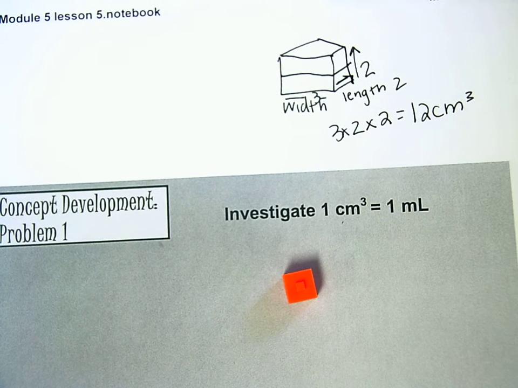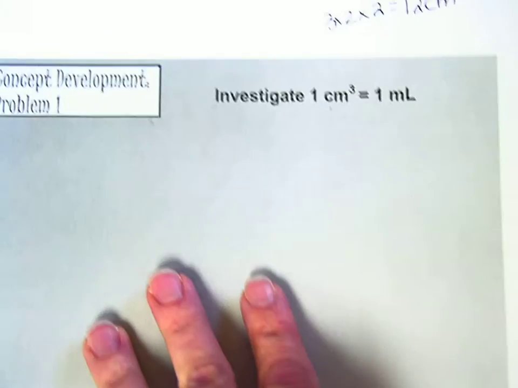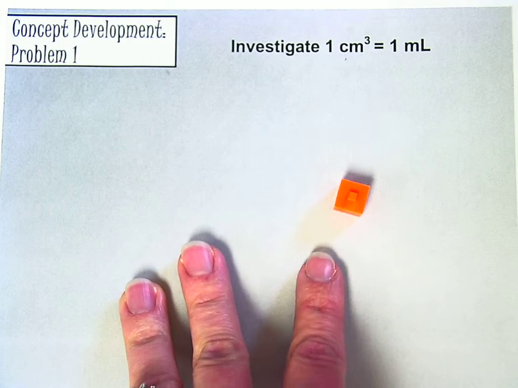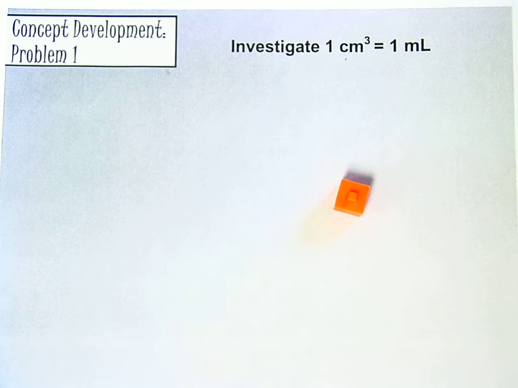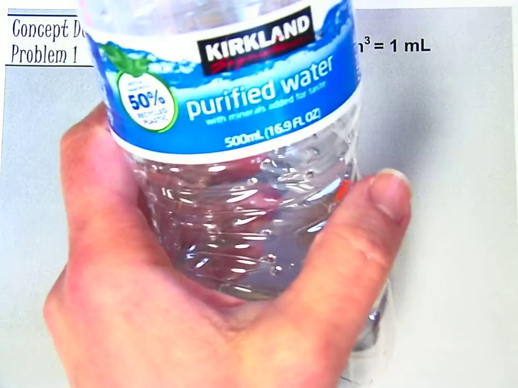Since we're going to start making that transition to working with liquid, today I want you to think about the idea that one of these blocks is the same thing as 1 milliliter. You might be wondering about milliliters. I'm going to come back to our water bottle.